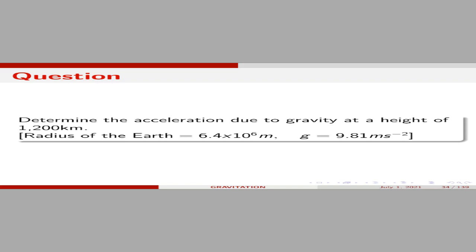And we are given the g to be 9.81. Last time, this was the formula, if you recall, we ended on.